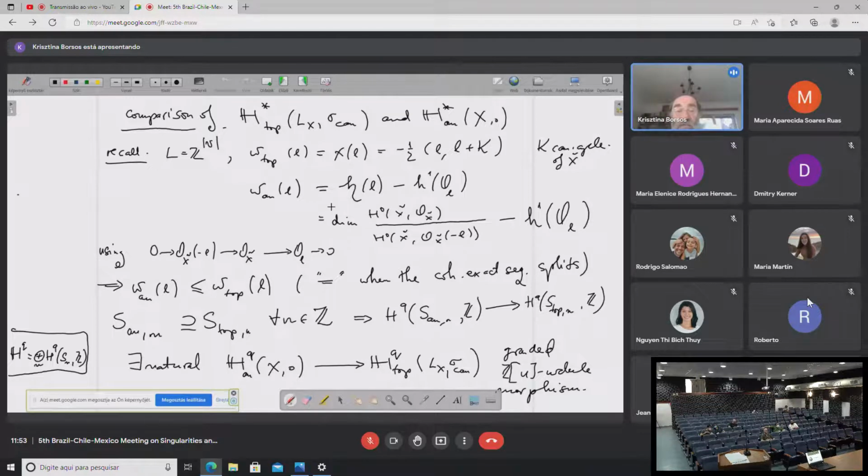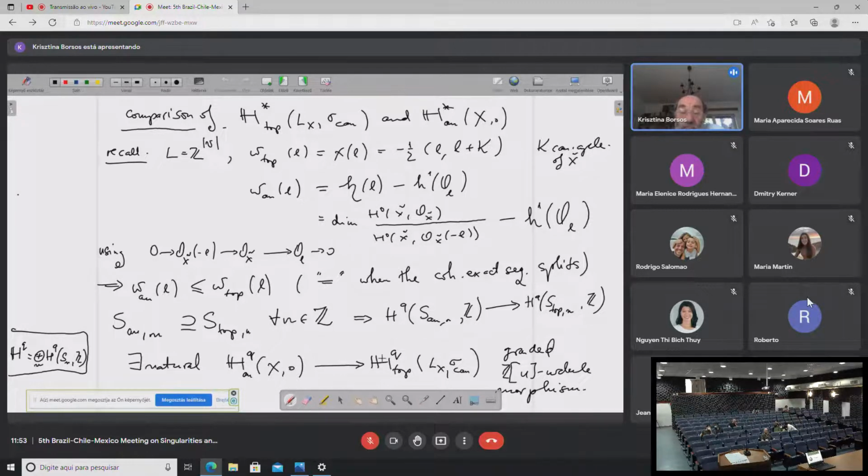What I just want to say is that if I fix a resolution, a normal surface singularity and its analytic type, I have the analytic lattice cohomology, and I also have the topological lattice cohomology associated with the link. And there is a natural map which connects the analytic lattice cohomology with the topological lattice cohomology. That is a graded Z[U] module morphism.